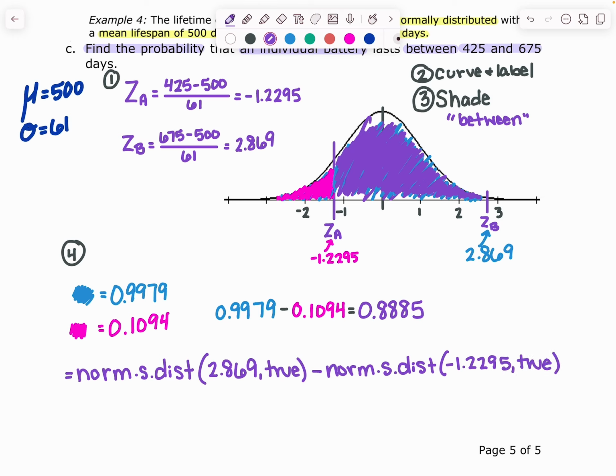It's the same thing I just did, but I'm just doing it all at once. So I'm going to show you that when I do it all at once, I get the same answer. It might be slightly different because I did round the probabilities before I subtracted them, but I think it'll be the same.